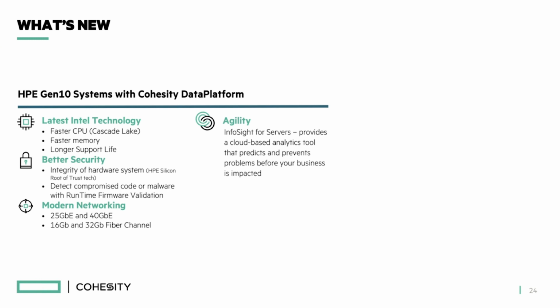What we have is differentiating silicon root of trust that Nikita kind of hit on an earlier slide. But what that allows for our customers, it's basically securing the system from the silicon at the actual processor. It allows customers to have confidence that they're not going to have any kind of firmware or any kind of compromise hijacking of the system from supply chain to shipping to implementation, right?